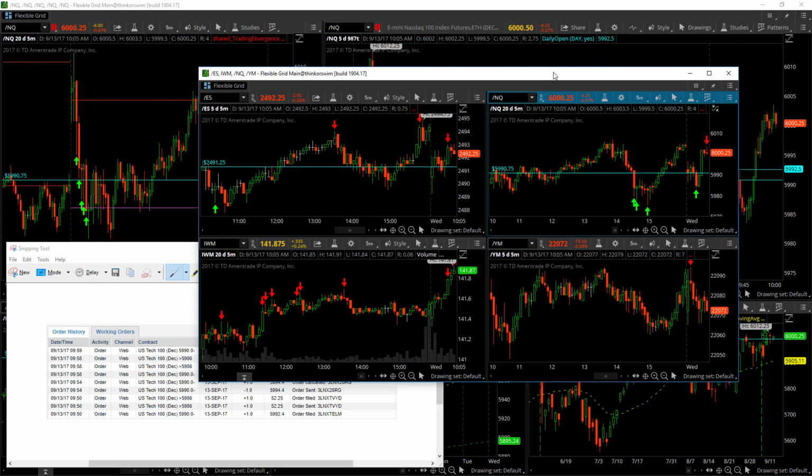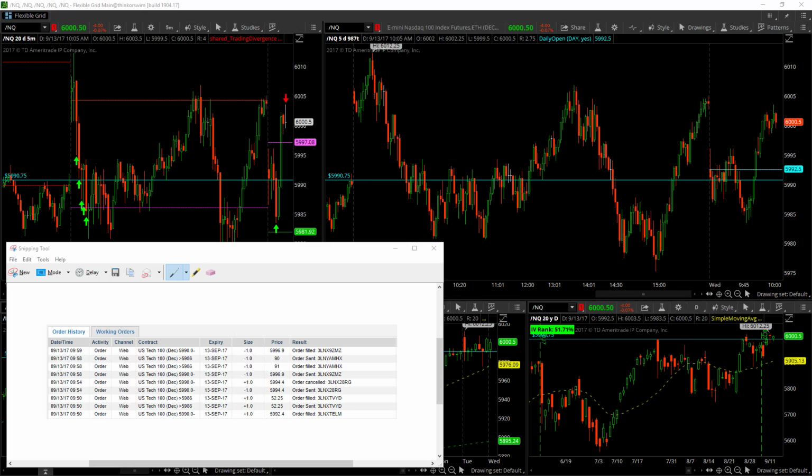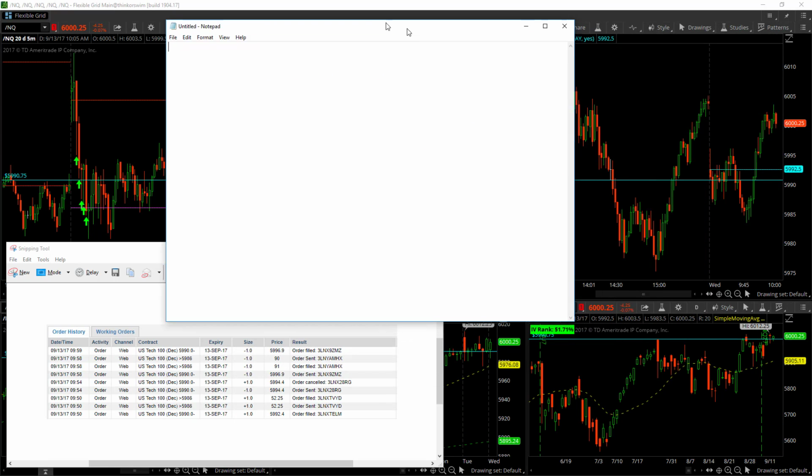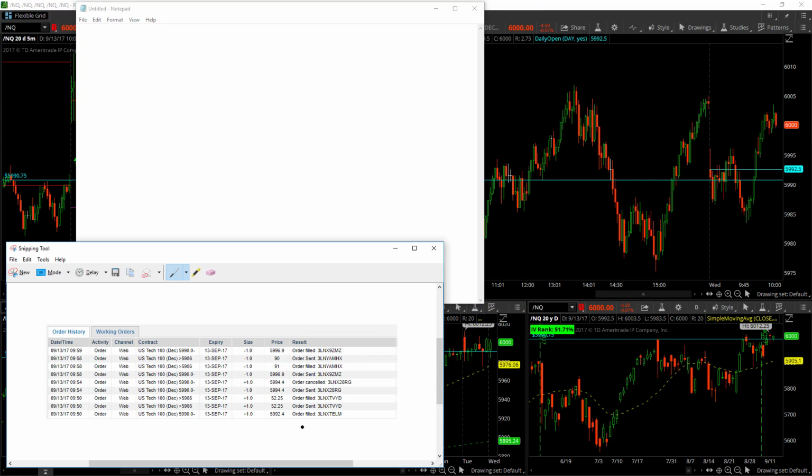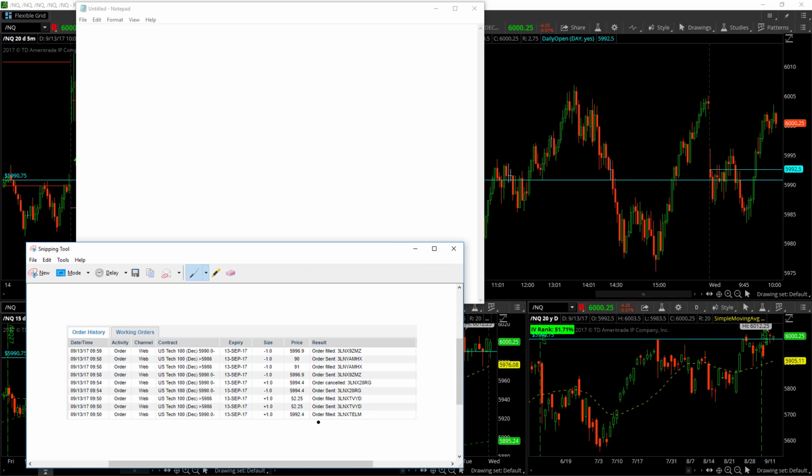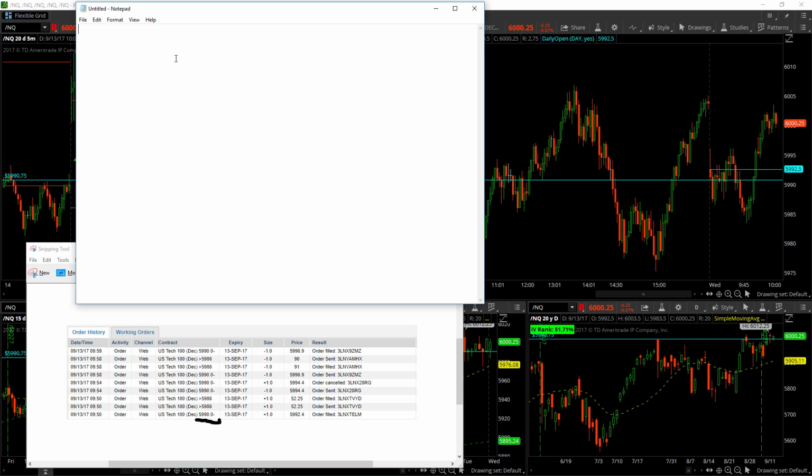So what I went ahead and did was I bought, and we can see this down here. The first thing I bought was the 59.90 by 6,000 spread. That got a little bit cut off there, but we bought the NQ, which is the US Tech 100.